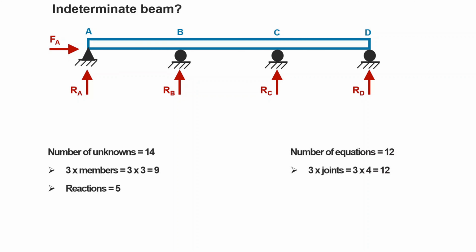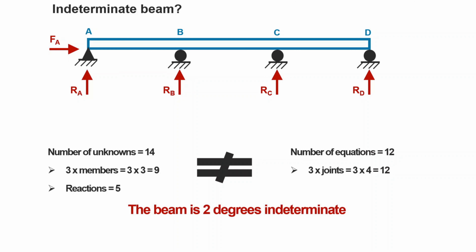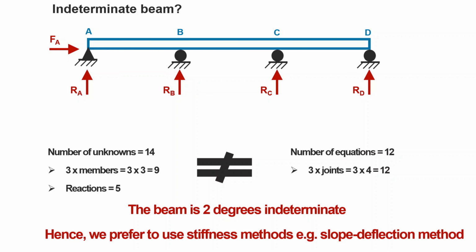parameters. And in terms of equilibrium equations, we have 4 joints. Each joint provides 3 equilibrium equations, altogether 12 equilibrium equations. And as you see, they are not equal to each other, which means that this structure is 2 degrees indeterminate, which means that we need 2 more equations to be able to solve this structure.